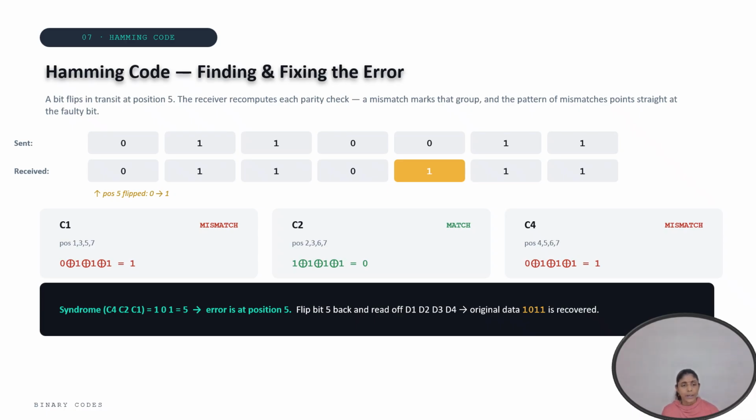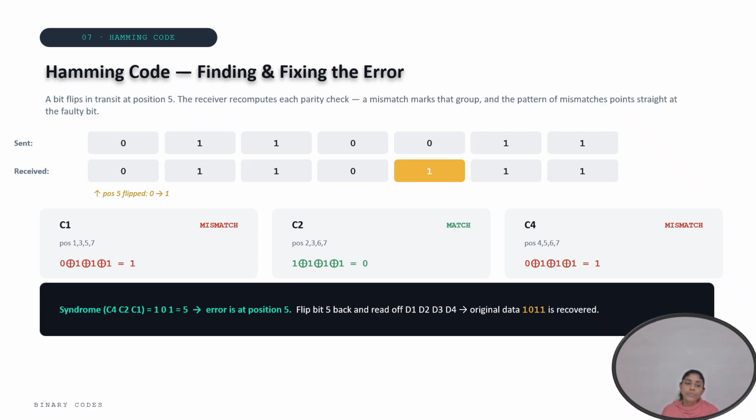From the MSB, please calculate. MSB is your first position: 1, 2, 3, 4, 5. In the fifth position, the bit is flipped, because what we sent was 0, but what we received is 1.